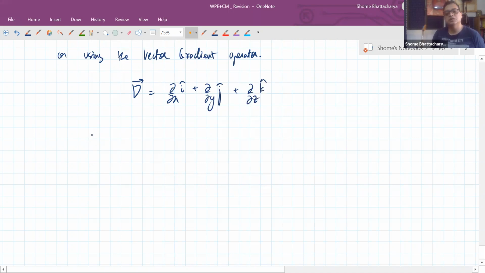So using this, we can see that the internal conservative force is negative of the gradient operator of potential energy.